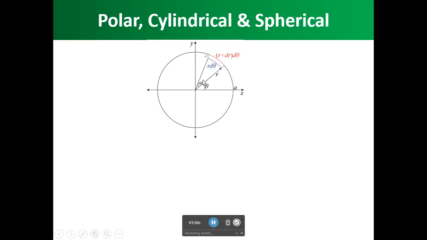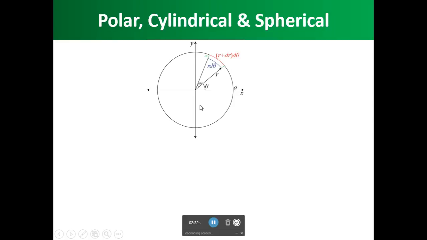If we look at this as a right angle, as it is tangential to the circle, then the sine of theta times r will give us this arc.